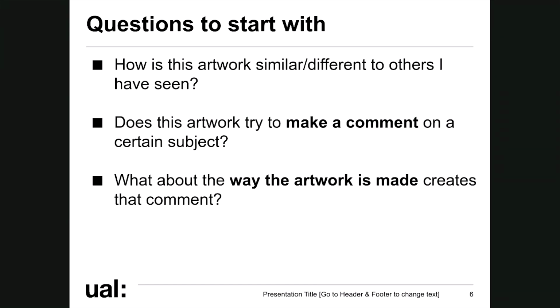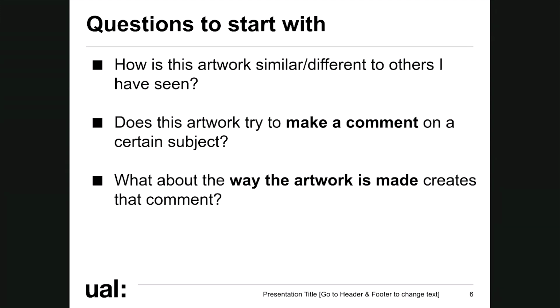Of course, that question might not be relevant for certain abstract works, for example, and we may augment that comment to be something else. Does this artwork have a certain angle? Does it have a certain mood to it, perhaps, if we're going to speak even more broadly, and that might accommodate abstract works too. But this is tied to the next one, which is: what about the way the artwork is made creates that comment or that mood or that angle?